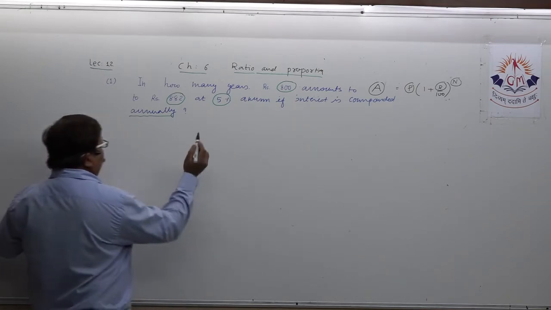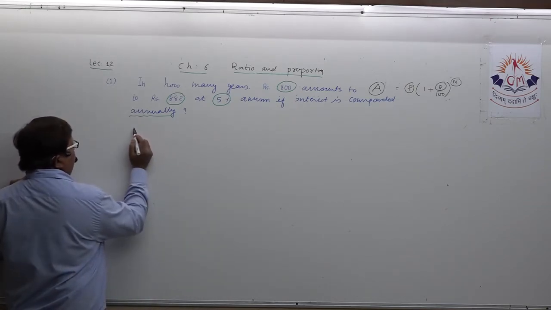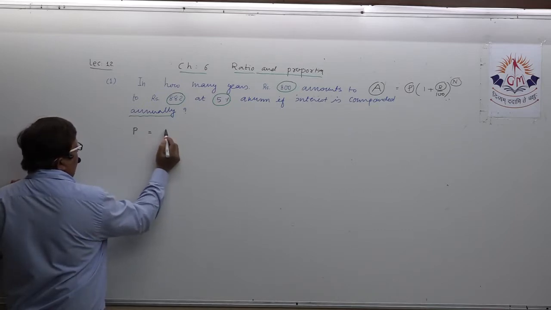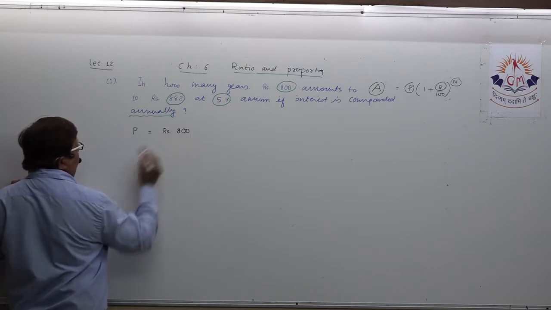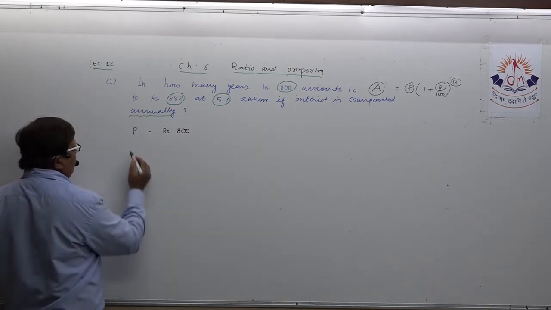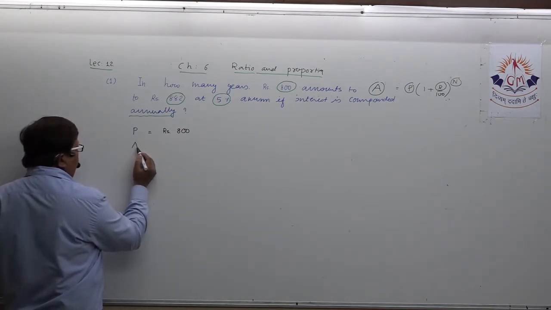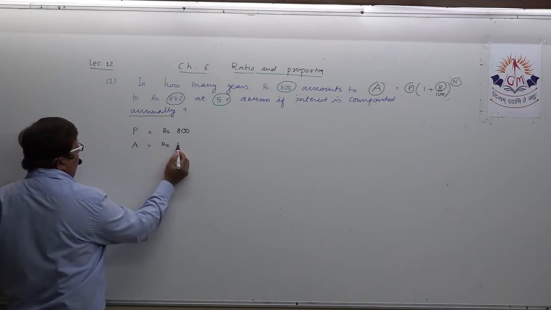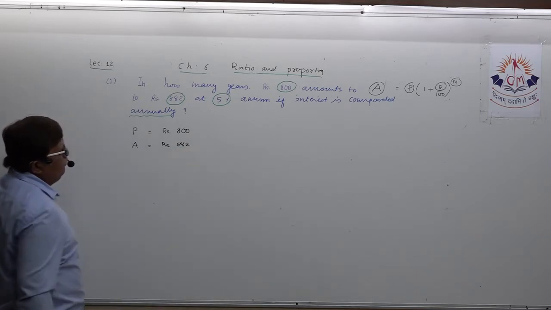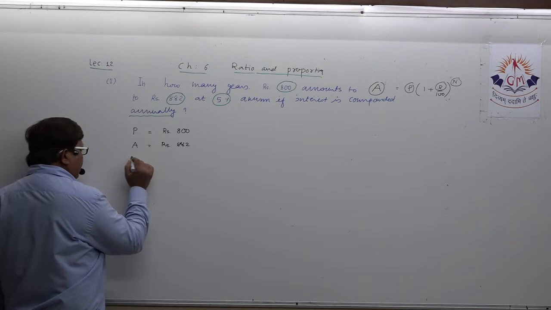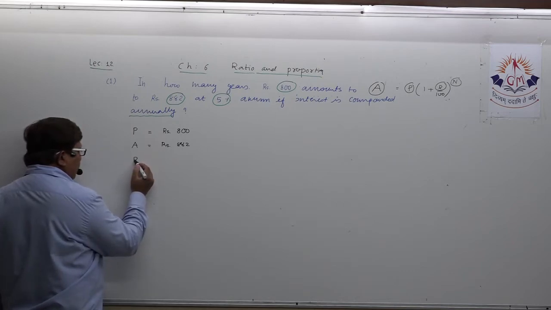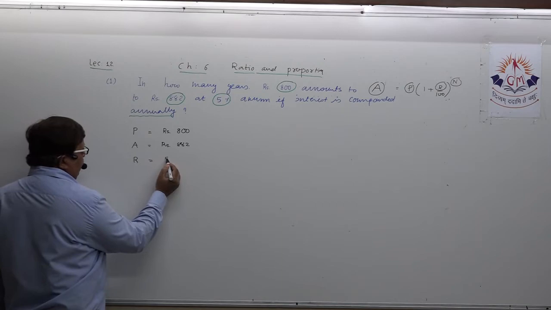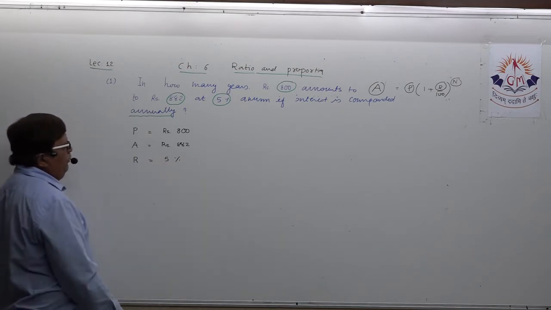First, write the given data. Principal P is rupees 800, the amount deposited. It amounts to rupees 882, and the rate of interest is 5%.